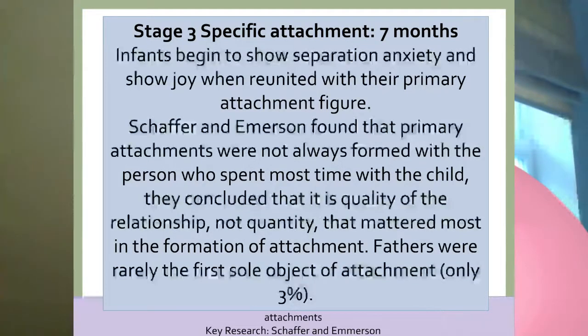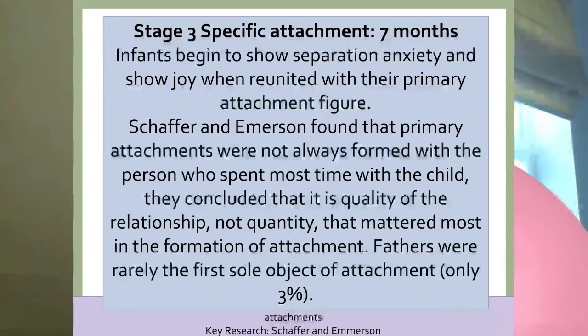The person they spend the most time with might not be their mother; it might be a grandparent, but that was very rare. Most of the time it was the mother that was the primary attachment figure. But they found that it was the quality of the relationship, not quantity.